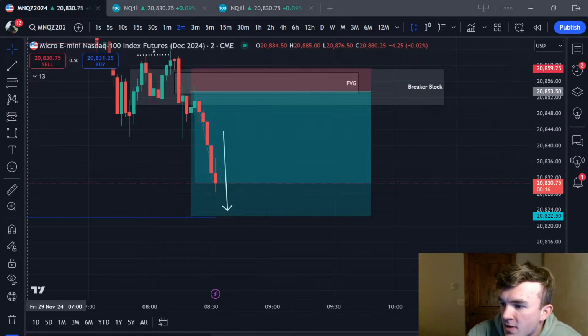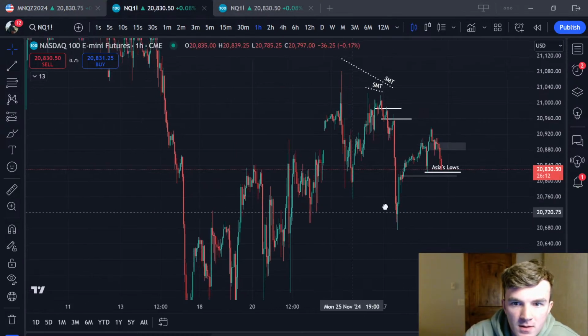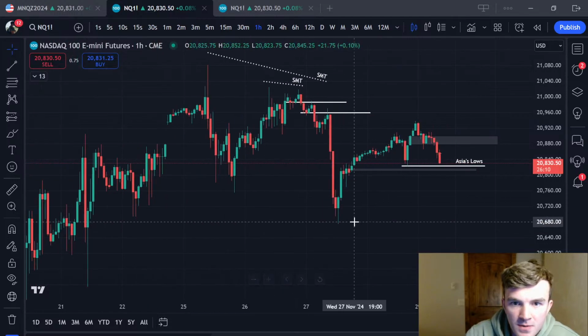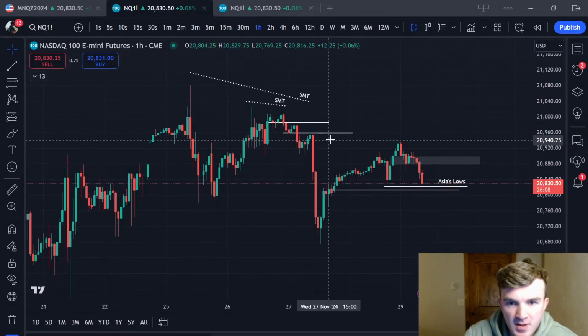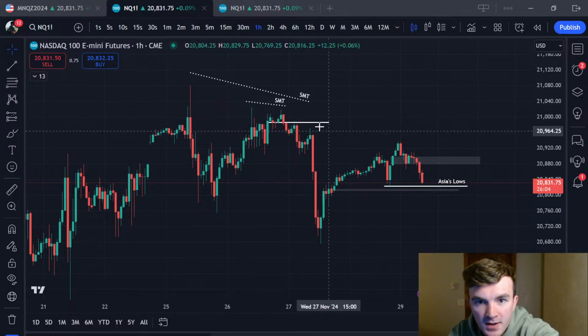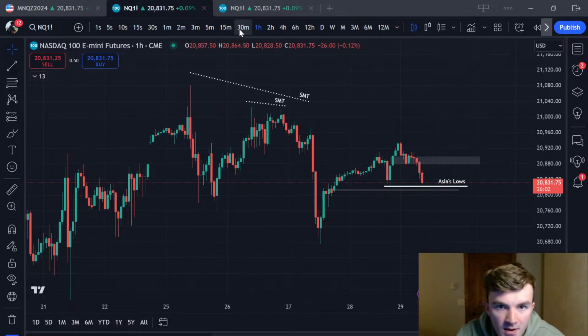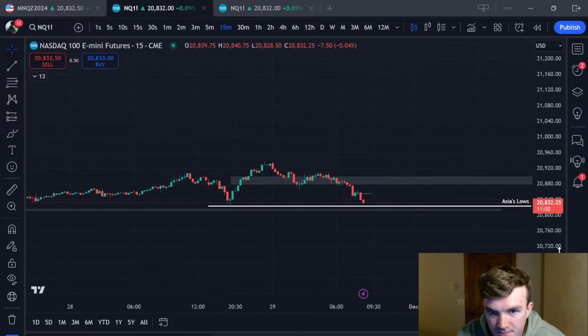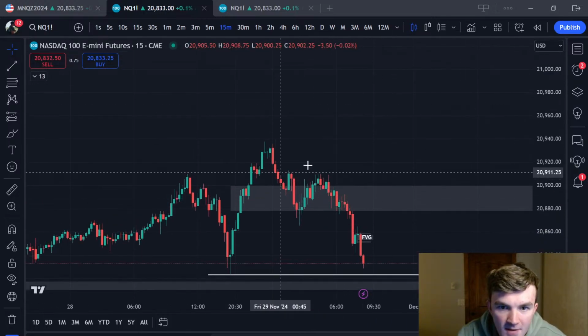Anyway, let's do some more analysis here. Back to our hourly chart. Like I said, that propulsion block is very explosive. In a very similar way, we kind of have, I'm trying to think, we kind of have a propulsion block here.